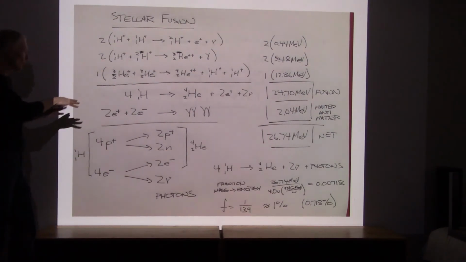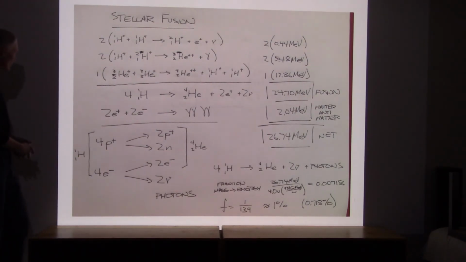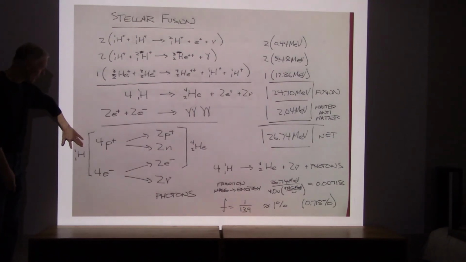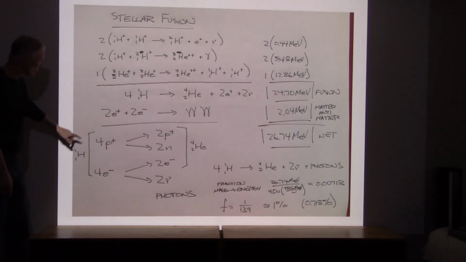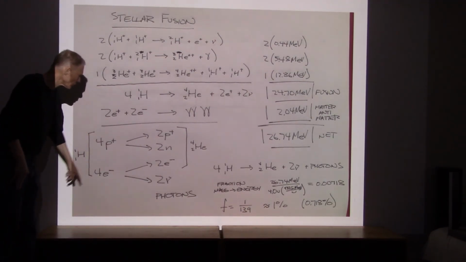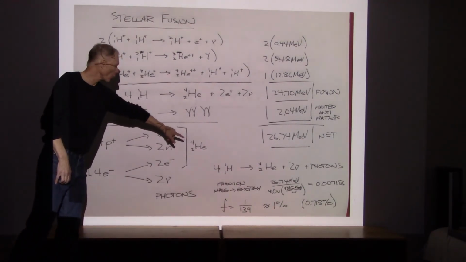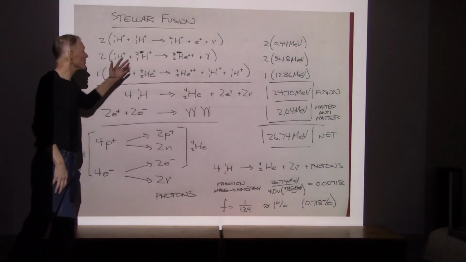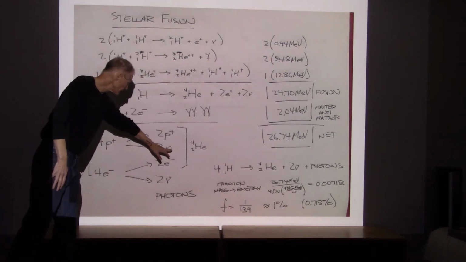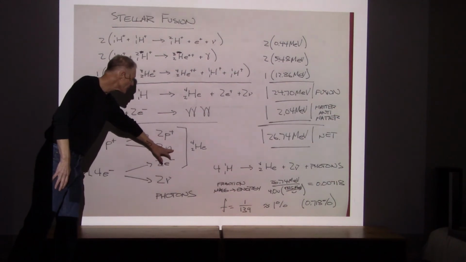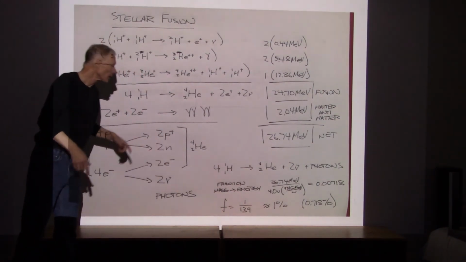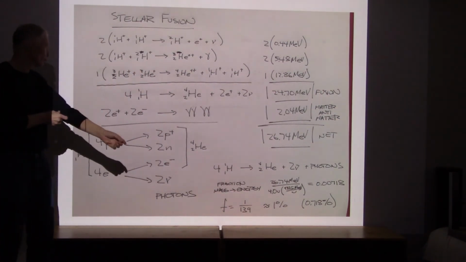So again, one more quick review of that. We started off with 4 hydrogens, which is the equivalent of 4 protons and 4 electrons. Now 2 of those protons come out as helium-4, and 2 of those protons along the way were converted into neutrons, and those 2 neutrons also are part of the helium-4.